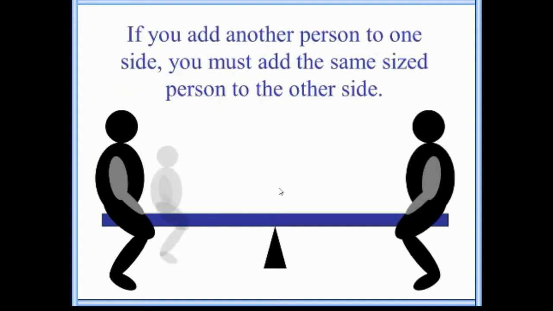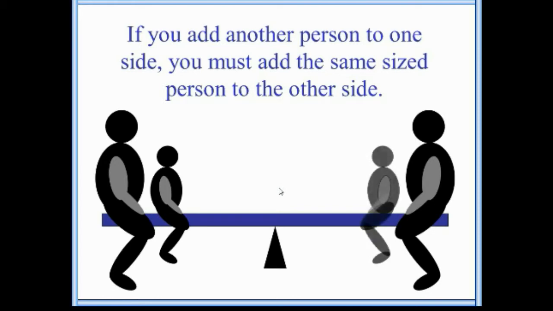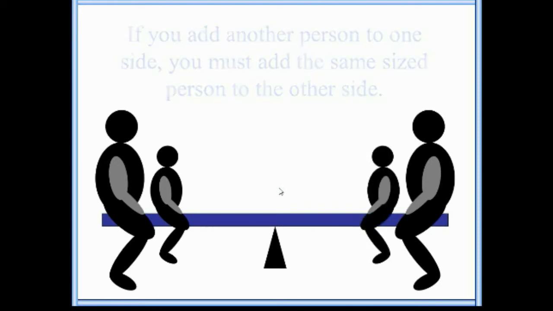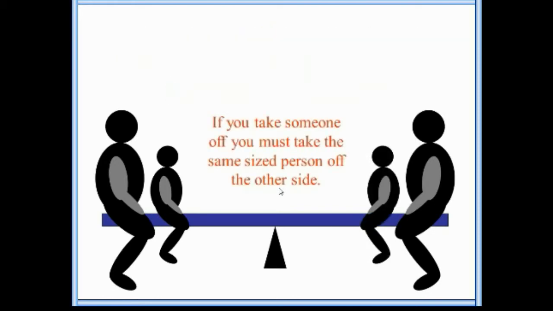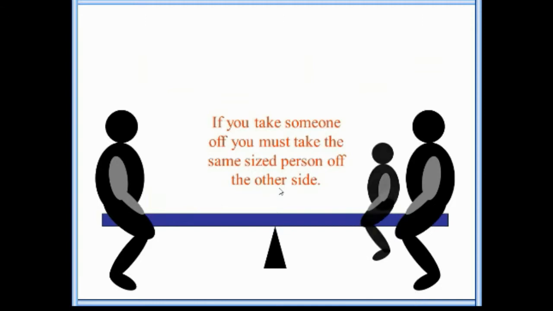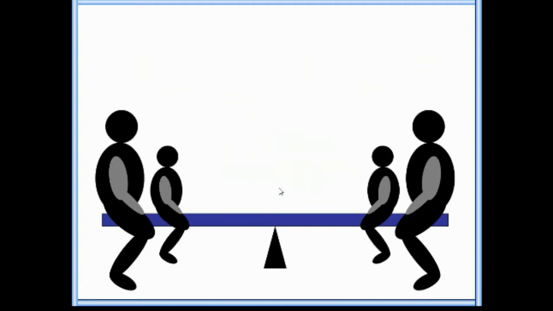If you put another small person on one side, you have to put a similar small person on the other side to make it a balance, right? And if you want to take the small person from one side, you have to take the small person from the other side to make it a balance. Otherwise, it will not be an equation.